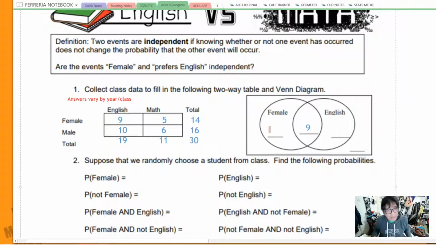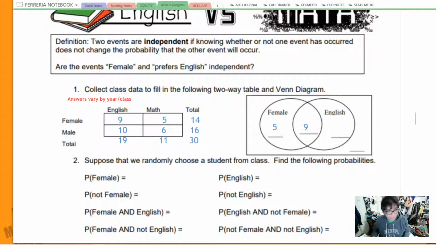So female math is 5. On the other side, we have English but not female. Not female means we're in the male side of things, and they prefer English. So how many males preferred English?